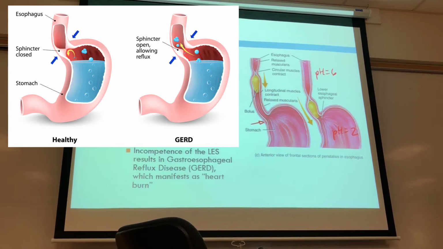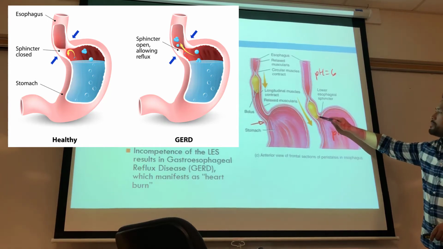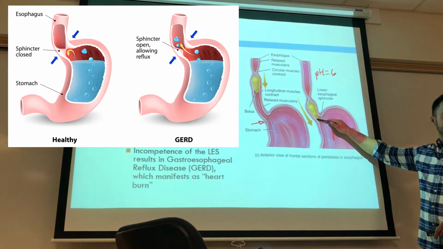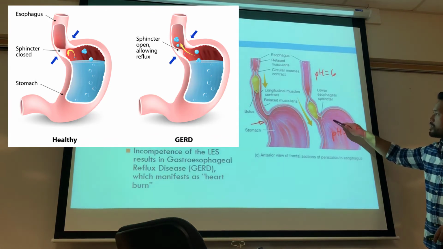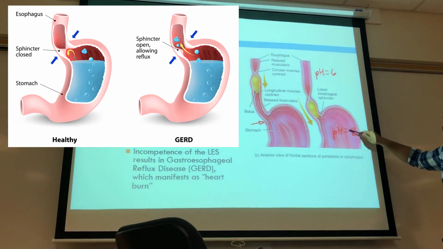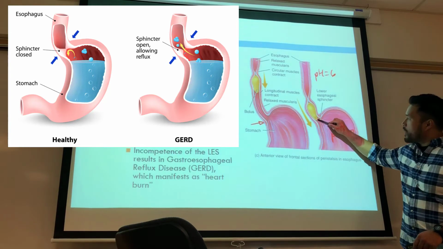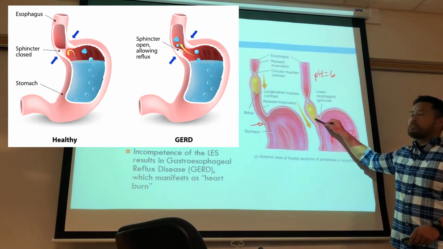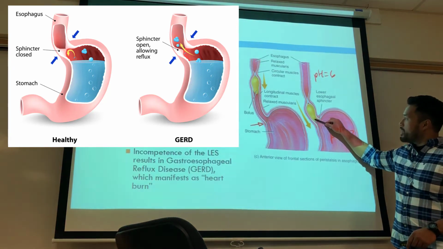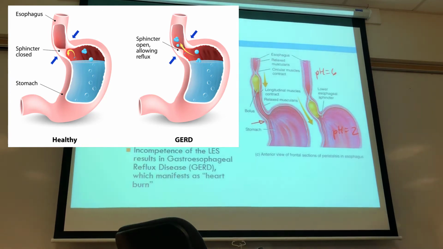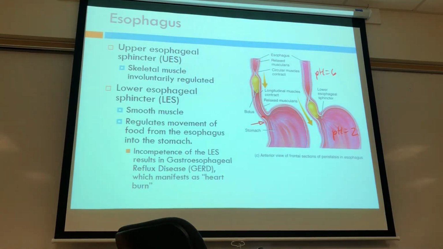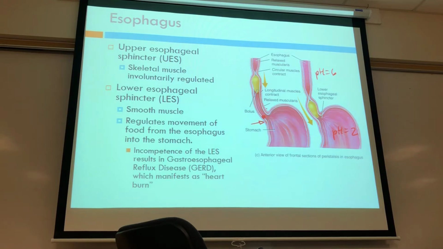With incompetence of this sphincter, if it cannot tightly close, any of the stomach contents, namely the acids and gastric juices, can start to leak through the esophageal sphincter and irritate the sides of the esophagus. That irritation causes inflammation of that area.